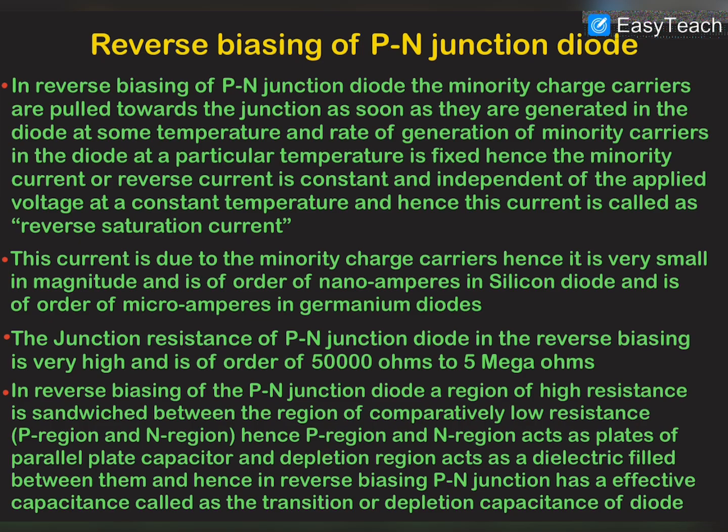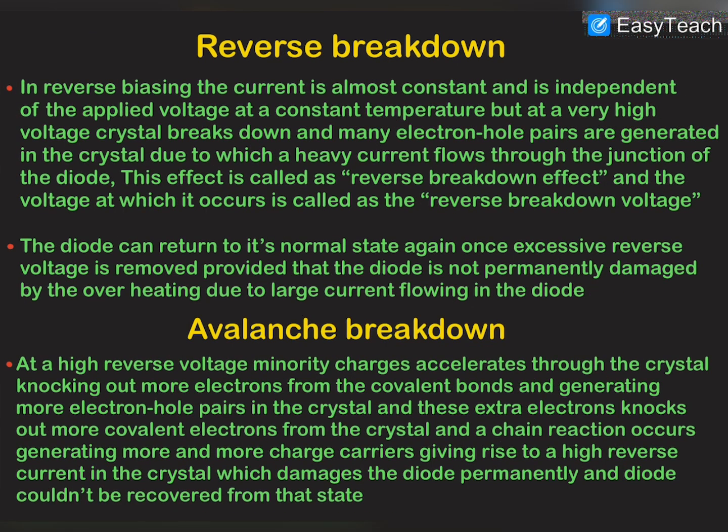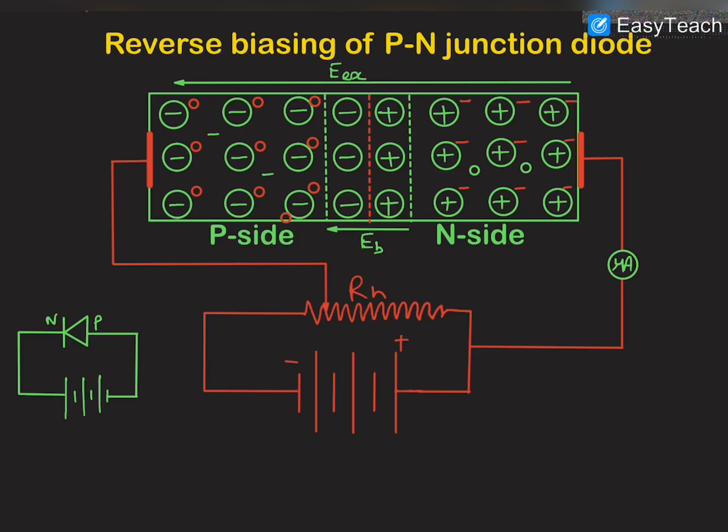So this acts as a parallel plate capacitor. I'll show you that this region is of high resistance, and these are low resistance regions. So a parallel plate capacitor is formed, whose plates are the P side and the N side, and the depletion region acts as the dielectric for this capacitor.